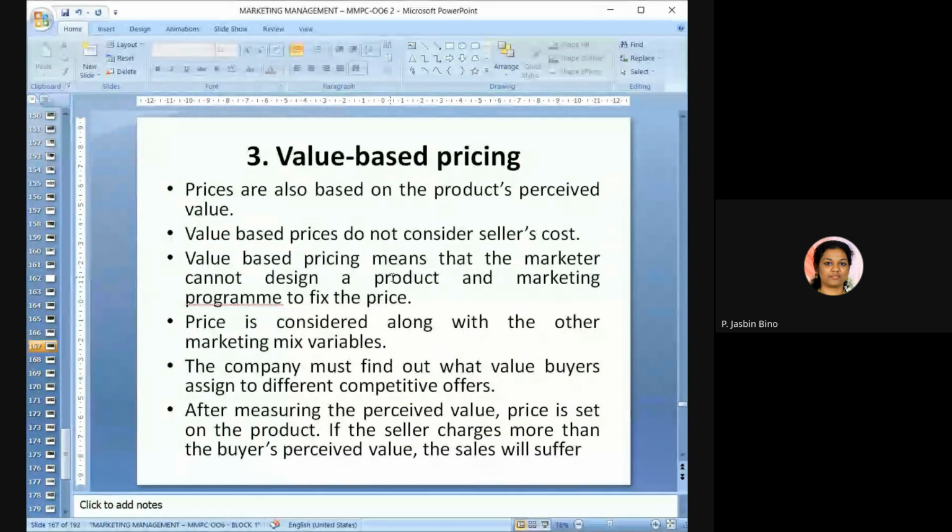The company must find out what value buyers assign to different competitive offers. After measuring the value of the product, the price is set. If the seller charges more than the buyer's perceived value, the sales will suffer. So, based on the value which the consumer has towards the product, they'll be charging the price.